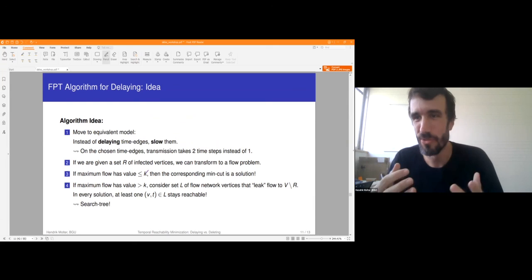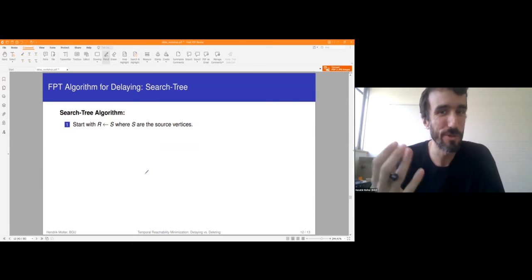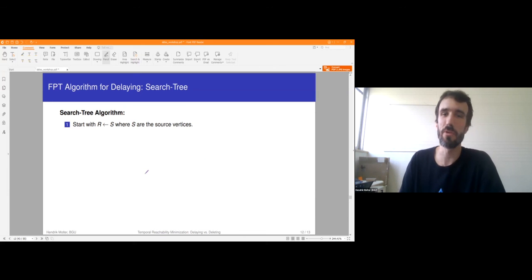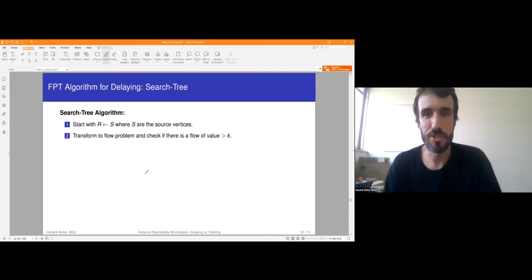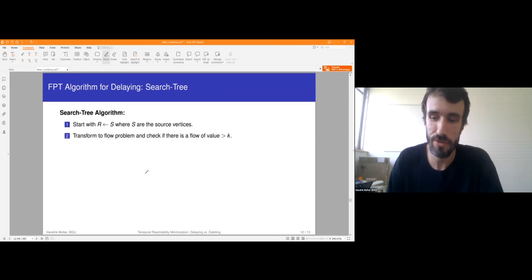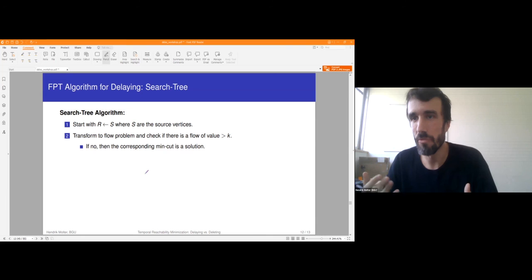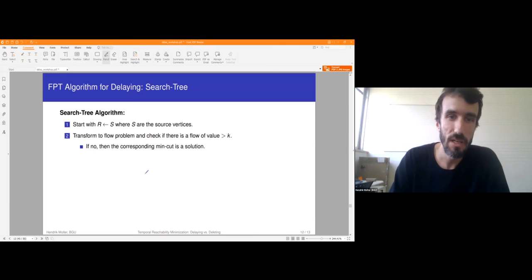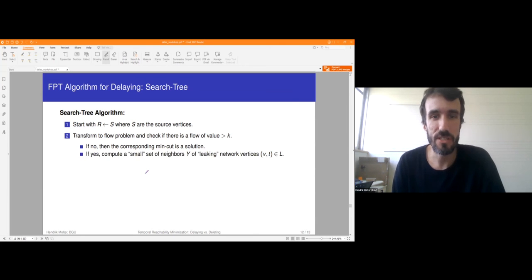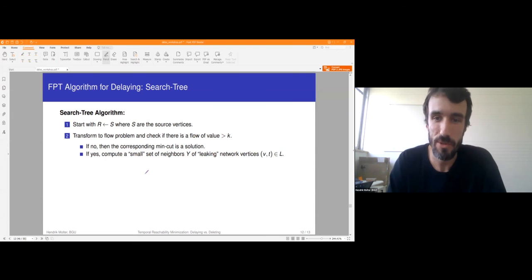So this allows us to do the search tree, and so the overall algorithm works as you probably would expect. We start with our initial outbreak. We transform it into this flow problem, and check whether there's a flow of value larger than k or not. If there's no flow of value larger than k, then we know it's a yes instance. Otherwise, we compute a small set of neighbors of leaking vertices that we have to consider taking into the set of reachable vertices.